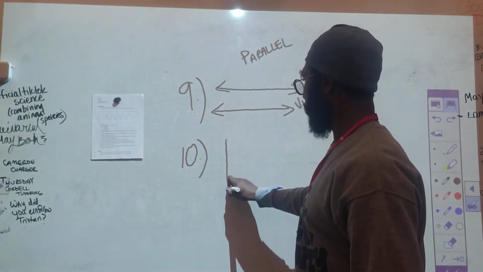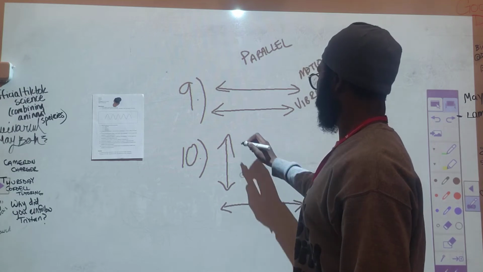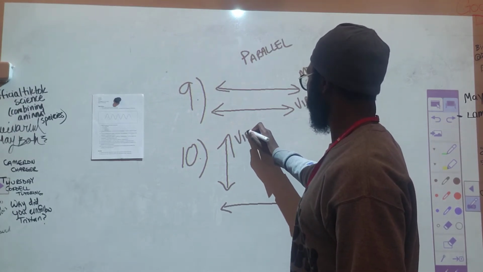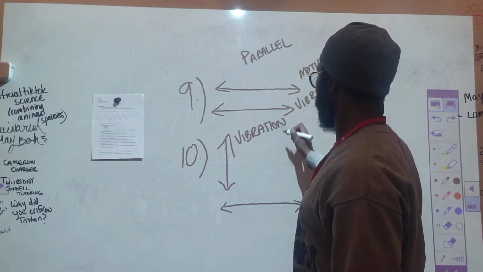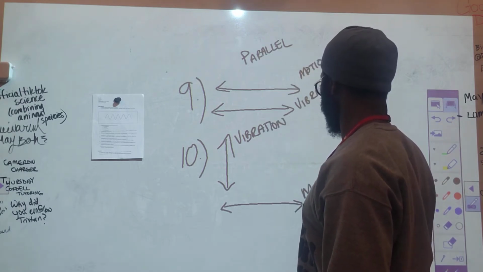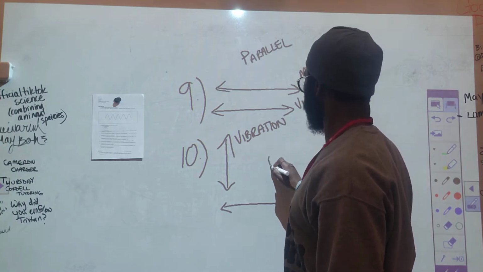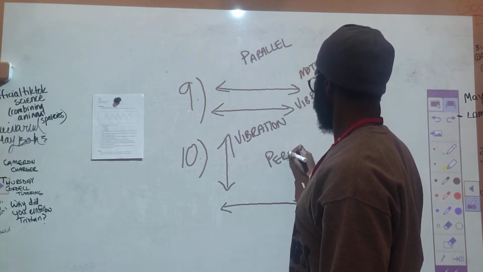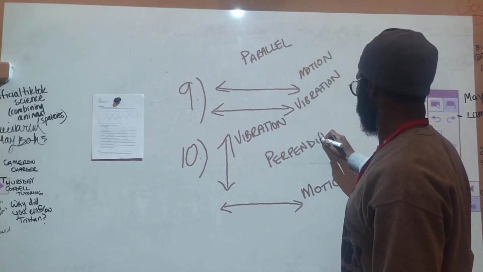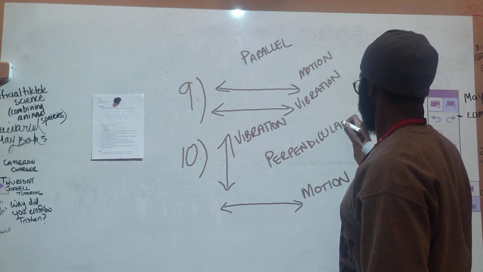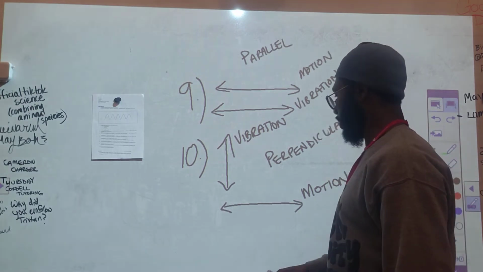I'm going to draw one arrow this way and one arrow this way. My vibration is going to be up and down, and my motion is going to be left and right. So this is perpendicular.